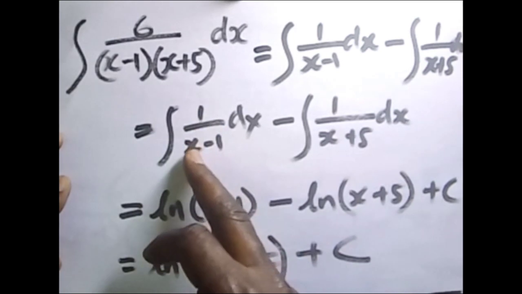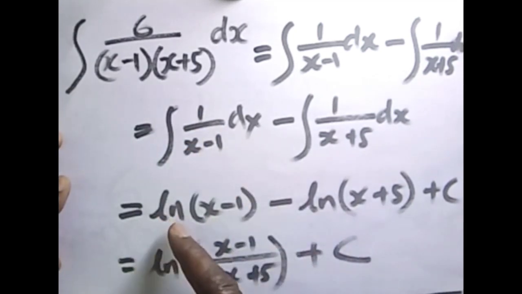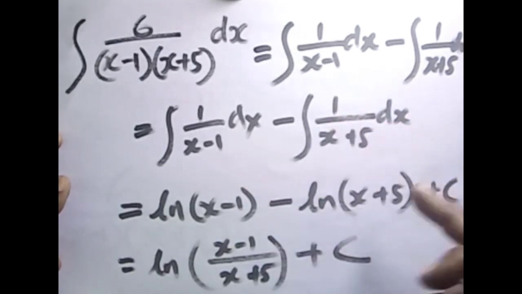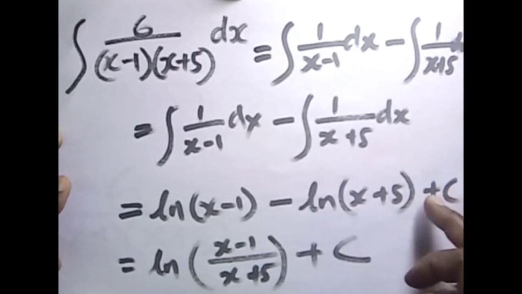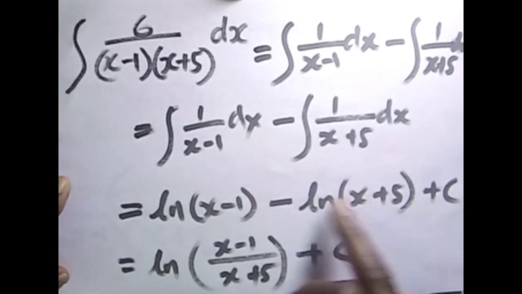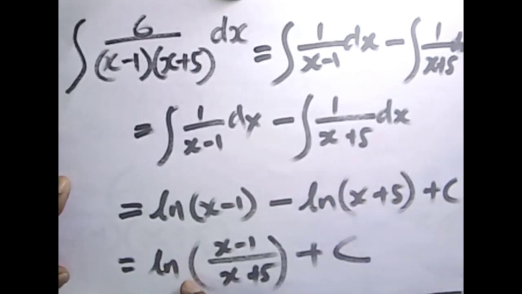And integral of 1 over x minus 1 dx is simply the natural logarithm of x minus 1, while integral of 1 over x plus 5 is the natural logarithm of x plus 5 plus the constant of integration. And we could combine this using a special property of logarithms to give us the natural logarithm of x minus 1 all over x plus 5 plus that constant of integration. Of course, if you know the value of x, you could just slot in the value of x here, and then you get your value. So that is how useful partial fractions are.